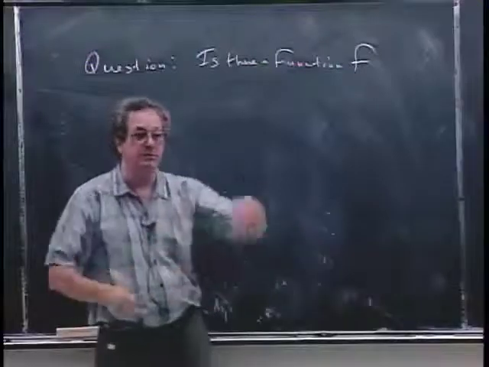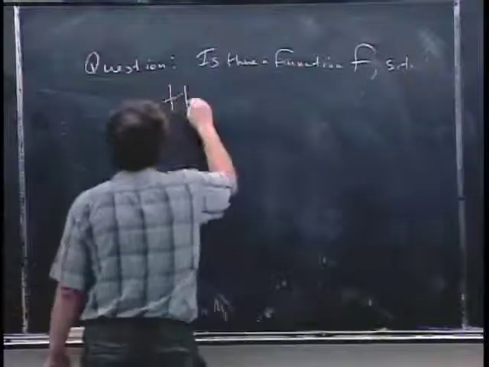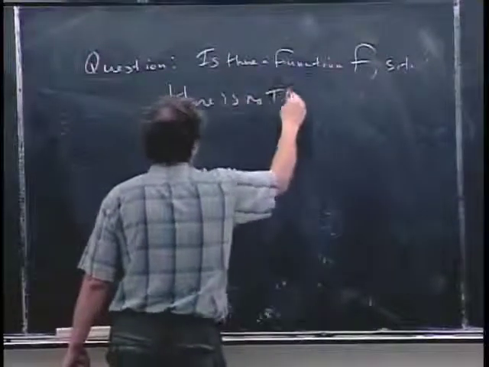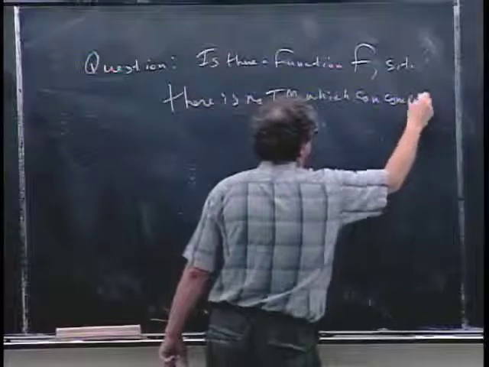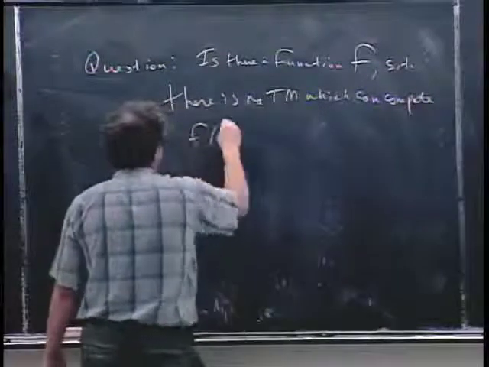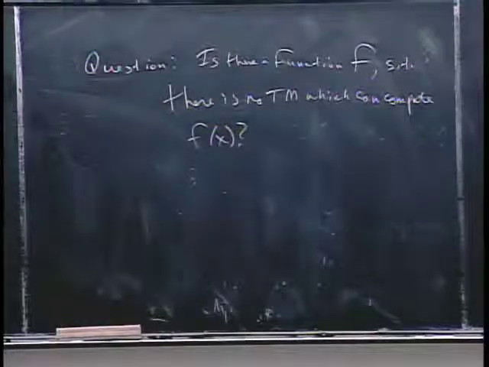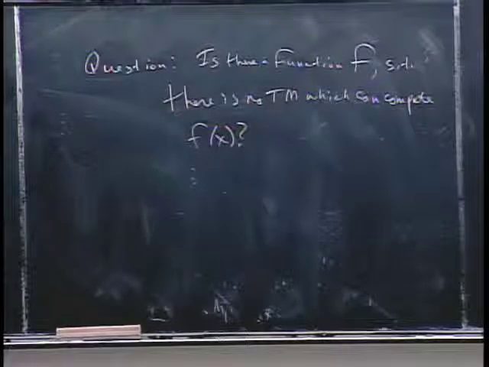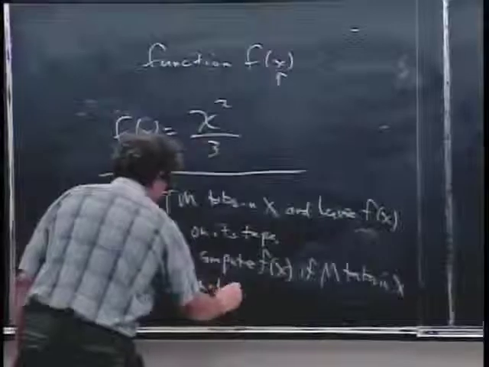You take in the input, you get a result out, function f, such that there is no Turing machine which can compute f of x. And what does it mean to compute? Here it means this. So Turing machine M computes f of x if M takes in x and writes ultimately f of x.